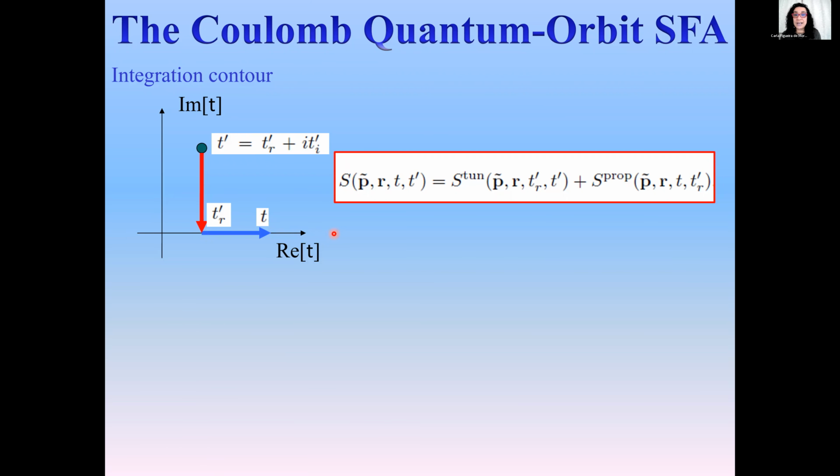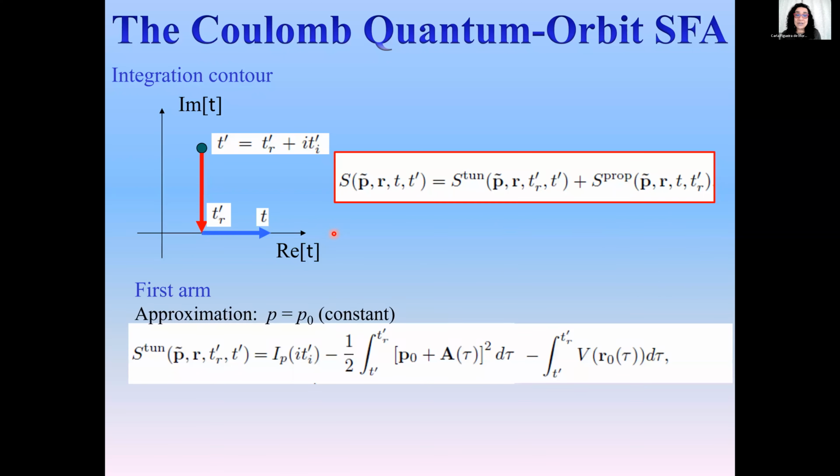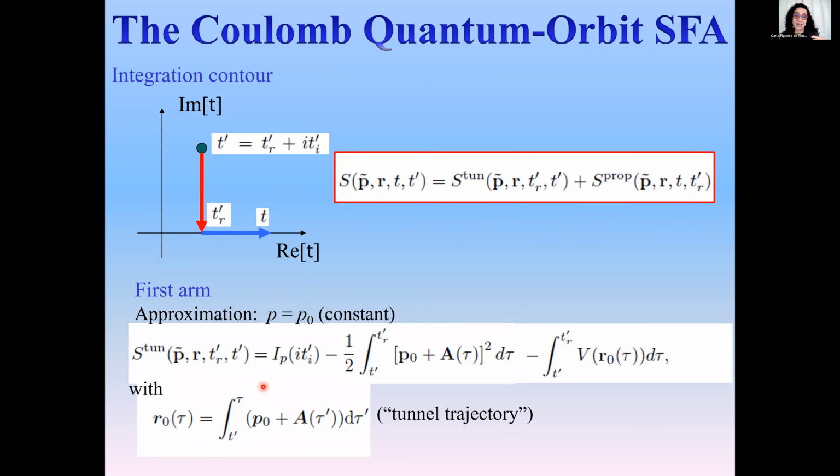So you have a tunneling part of your action, a propagation part of your action, and in the first arm of the contour, because this is happening very fast and we are keeping the real part of the time constant, we assumed that the momentum didn't change a lot. And with that, we got these expressions.